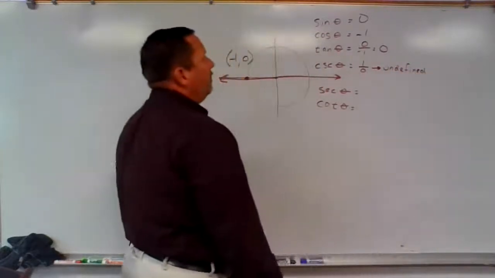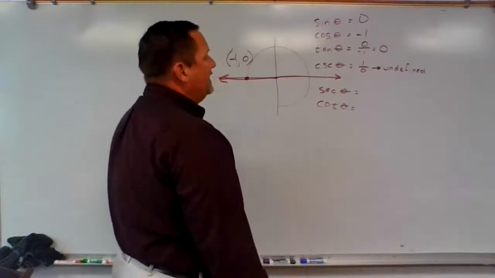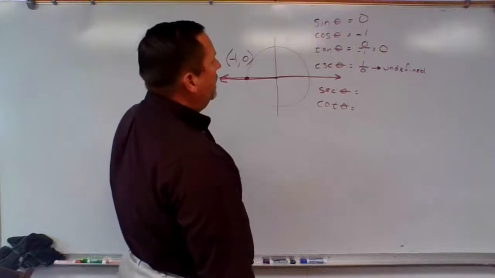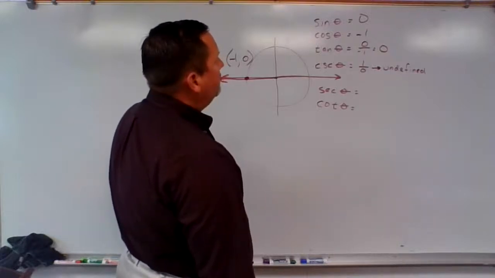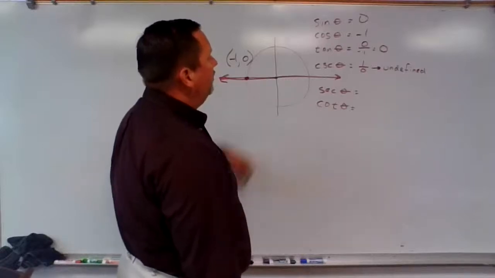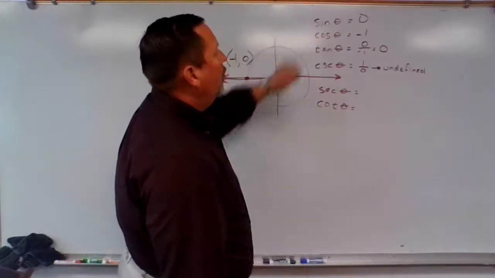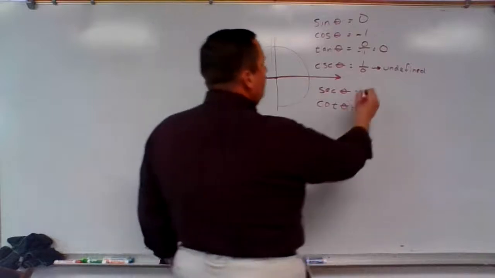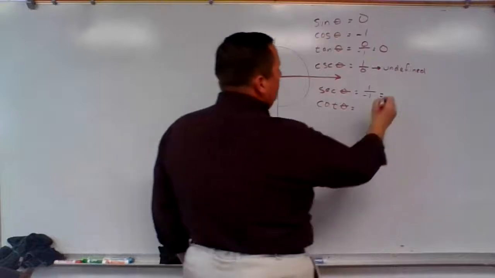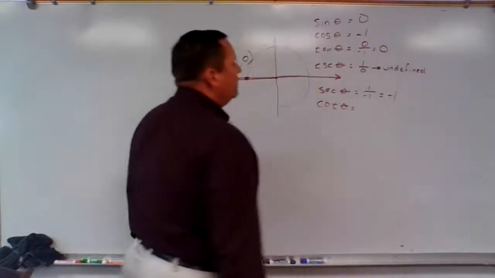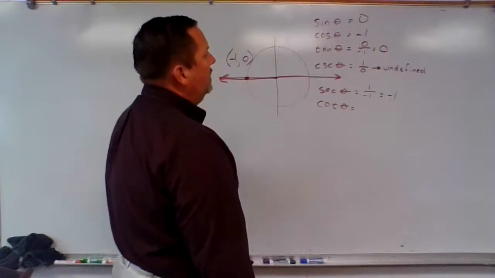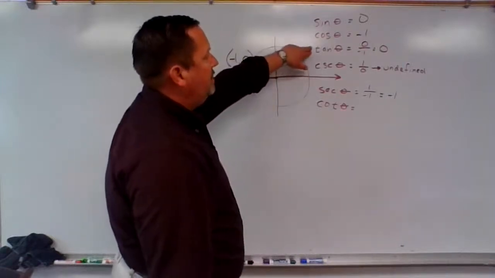All right. Secant is going to be the flip of cosine, or 1 over -1. And hopefully you see that is just -1. Cotangent is the flip of tangent.